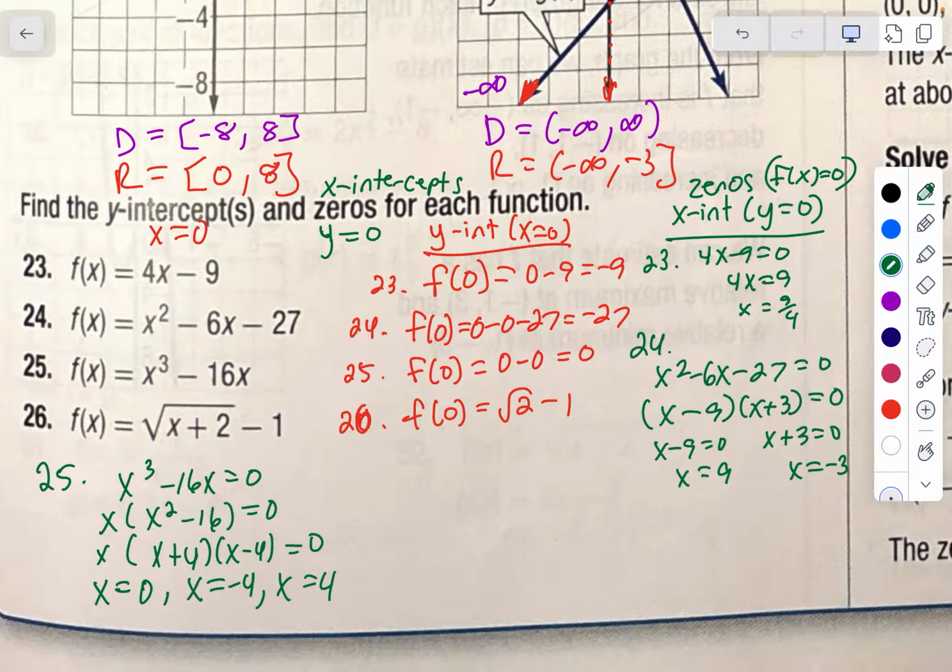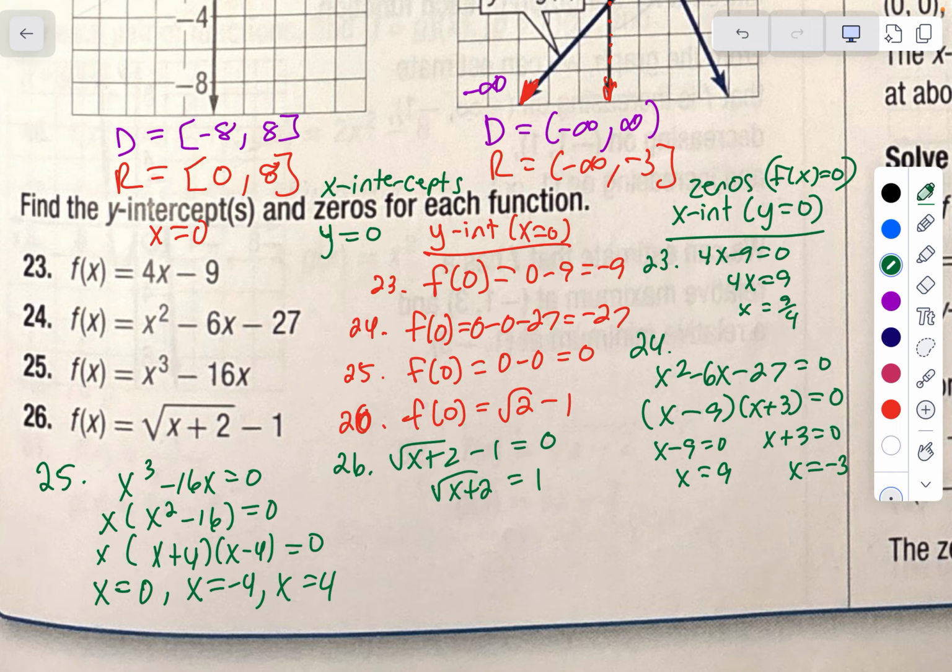We got one more of these ones. Let's do 26. We're going to write down the function and set it equal to 0. Now here's square root equations. Let me remind you how to solve it. You probably did these in Algebra 1. You get the square root by itself by adding 1 to the other side.